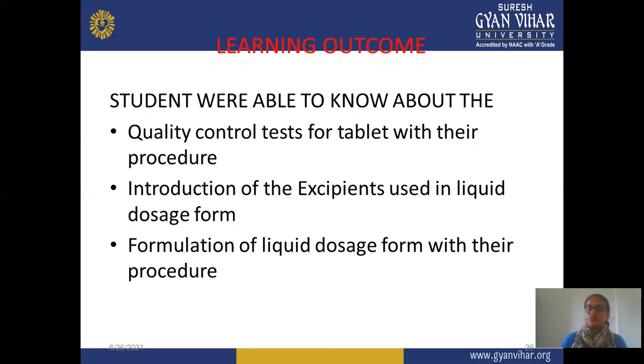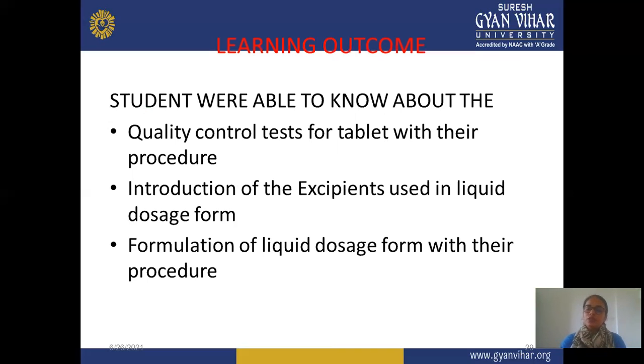In liquid dosage form, we already covered the different liquid dosage forms and types. After this, these are the outcomes for this lecture. After completing this lecture, you should know about quality control tests of the tablet with their procedure, their limits or specific criteria for acceptance, and how you accept or reject a particular batch.